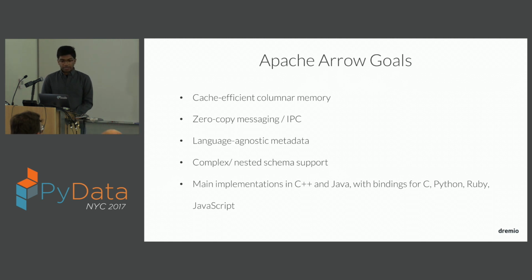And definitely, data is complex, and so there needs to be support for nested schema. So it's based off the JSON model. We support nullabilities, there's support for arrays, there's support for objects. So those are the goals of Arrow.